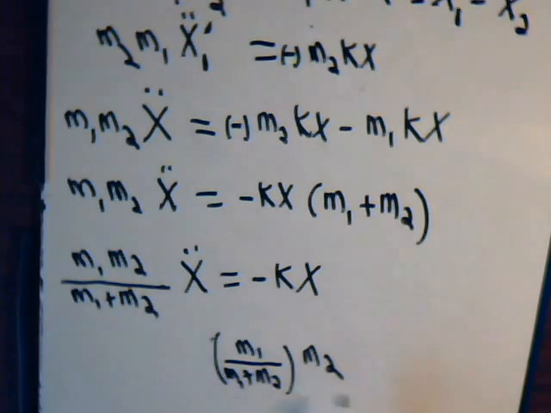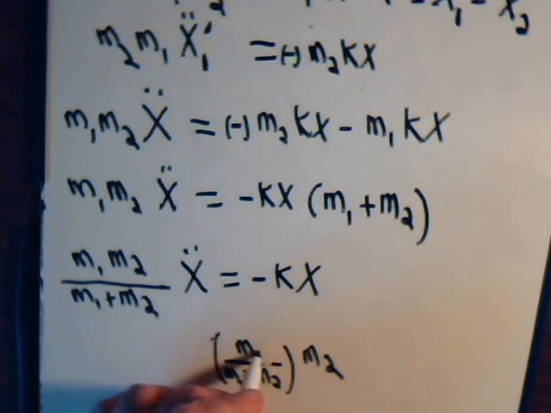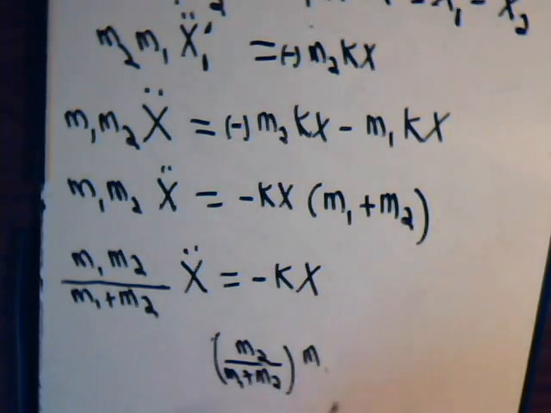So this number is less than m2. Or if we want, of course we can write it like this. Then we would say that this is less than m1. So that term that we're multiplying by the acceleration of displacement is less than either mass, m1 or m2.